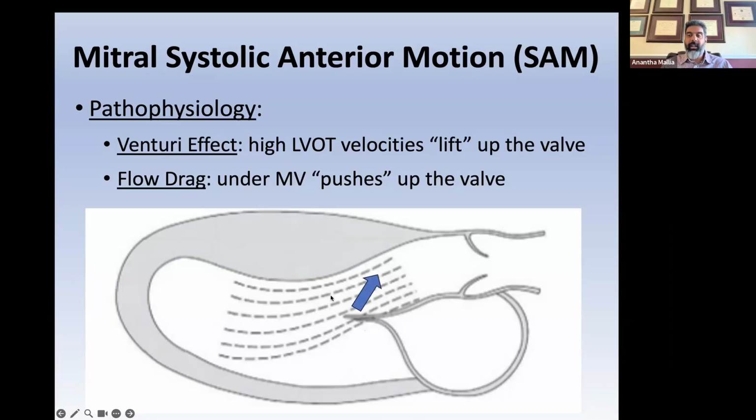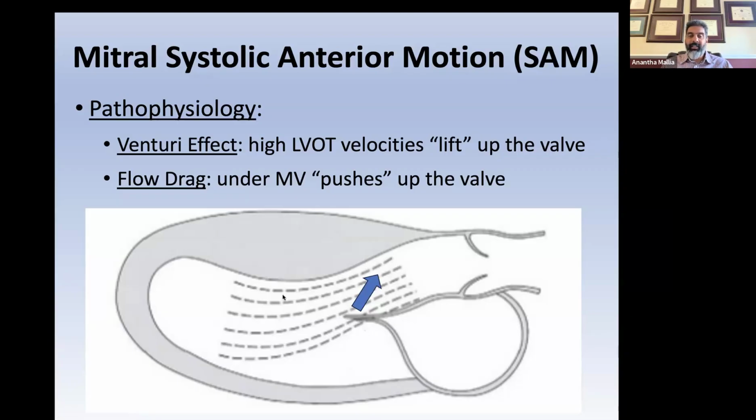There's a significant pressure gradient being created here, and that lifts up the mitral valve into the LVOT. And this anterior motion progresses through systole. The more systole progresses, the higher and higher the mitral valve is lifted into the LVOT. Again, dynamic obstruction. This is probably the effect that predominates early in systole.